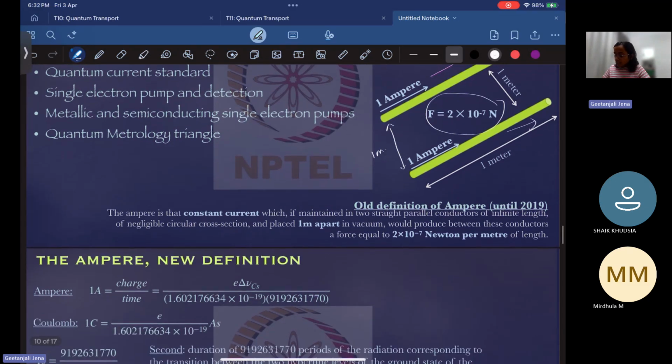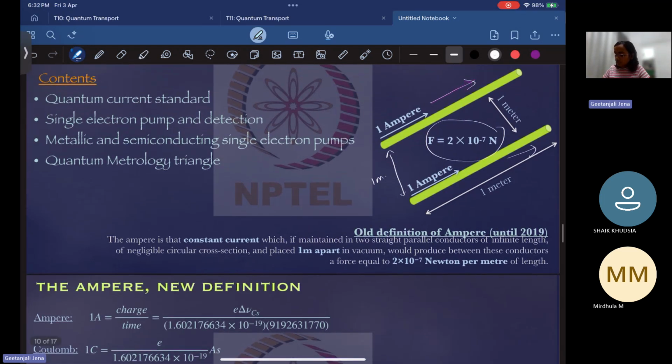Okay. But if you look at this definition of ampere, they use meter, also they use volts.